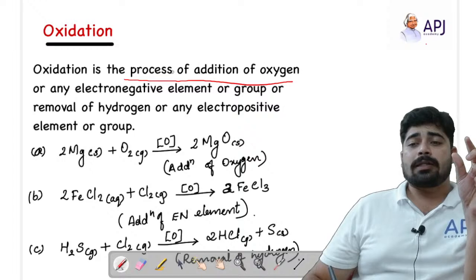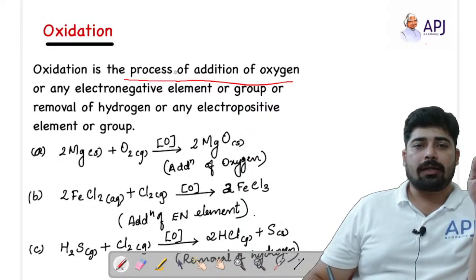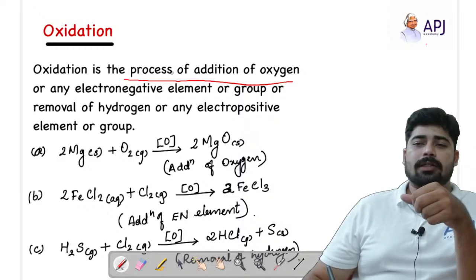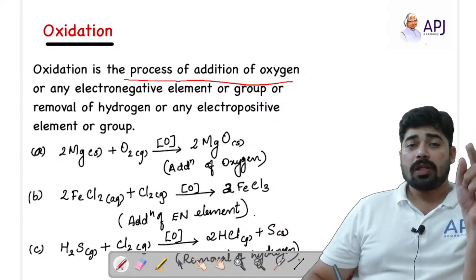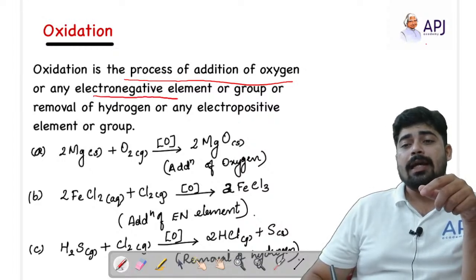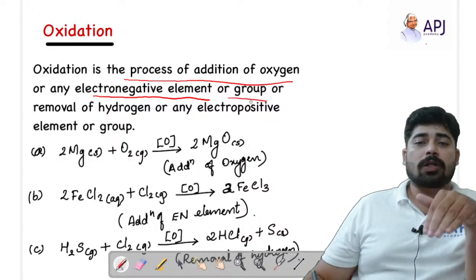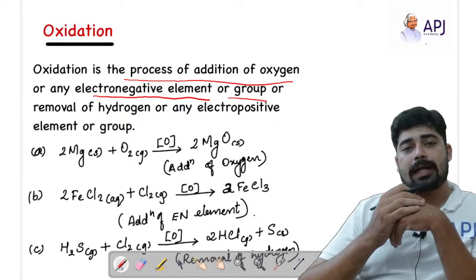First of all, you have to understand, if in a reaction you are adding oxygen to a particular element, then we call the reaction oxidation. Only addition of oxygen? No. If you are adding any electronegative element or group to a particular atom or element, you are increasing the oxidation state of that atom or element.